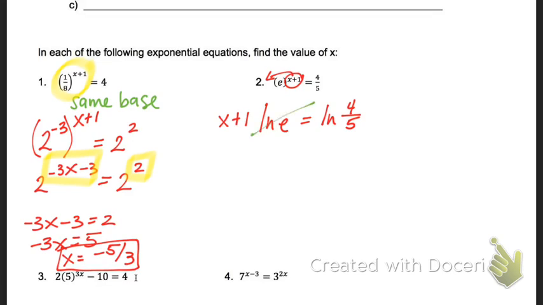It cancels out because it equals 1. If you want to skip that step completely, and you're thinking in your head that taking the natural log of the left side is going to cancel, and you just want to write x plus 1 equals ln of 4/5, that is totally fine. I'm not going to count off for not showing your work, because it's always going to cancel every single time. If you're taking the log with the same base as the base that's here, it's always going to cancel and become 1.